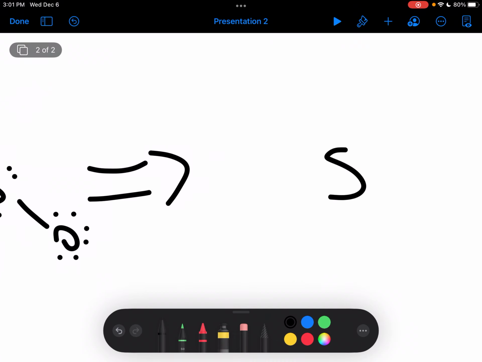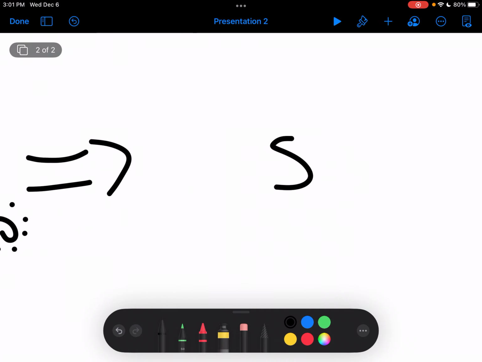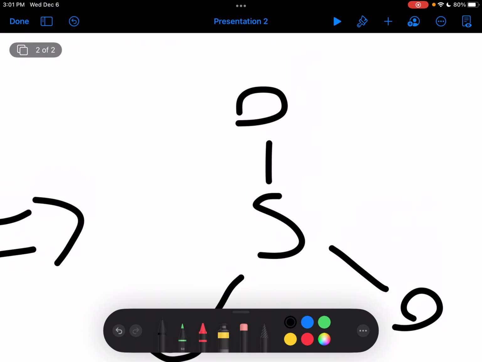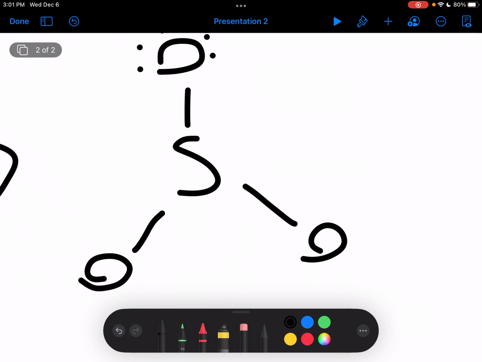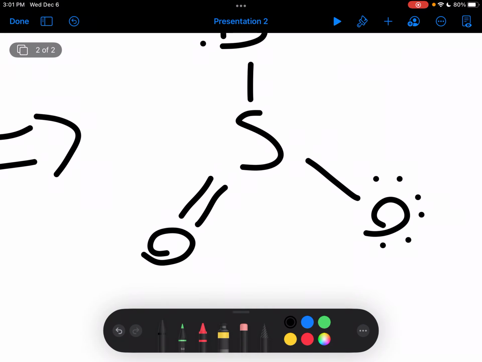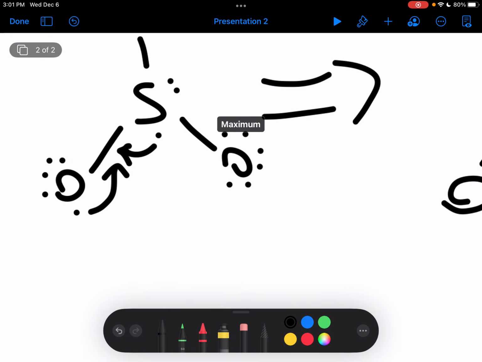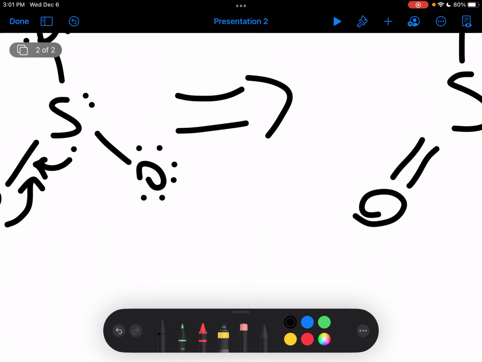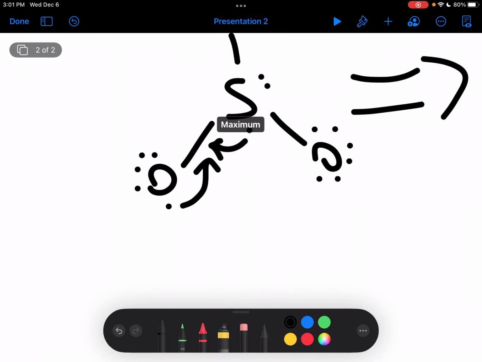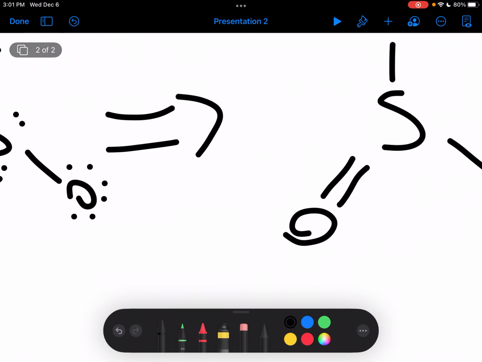So this sulfite is going to become this, still the normal oxygens, and the addition of that electron on 2 of those oxygens. But over here, we're going to have a double bond, because these 2 electrons are now added to make a double bond. So when these 2 electrons are added into the double bond, we're only going to have 4 electrons on this side. So we just draw 4.